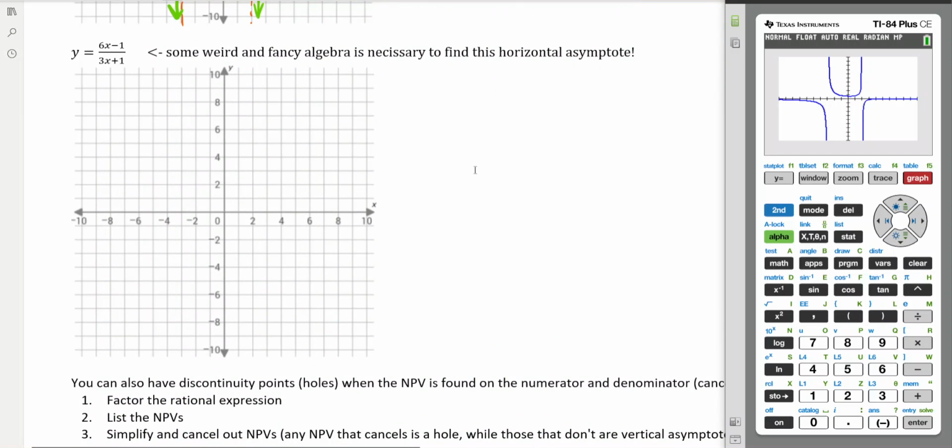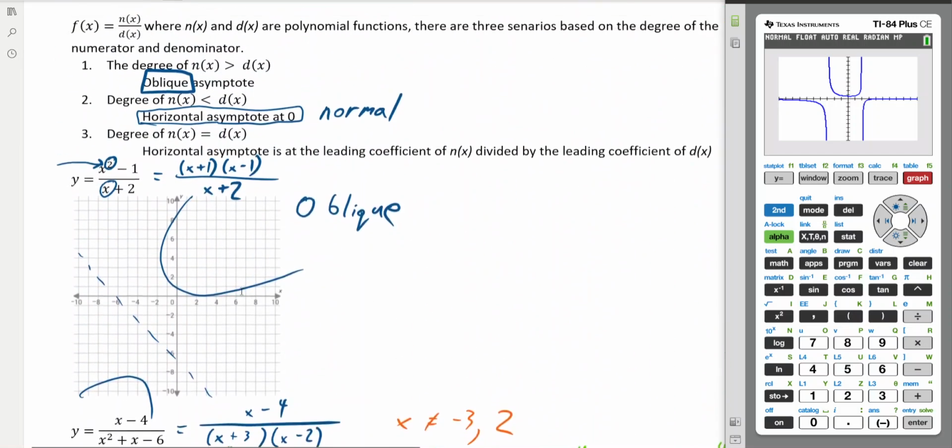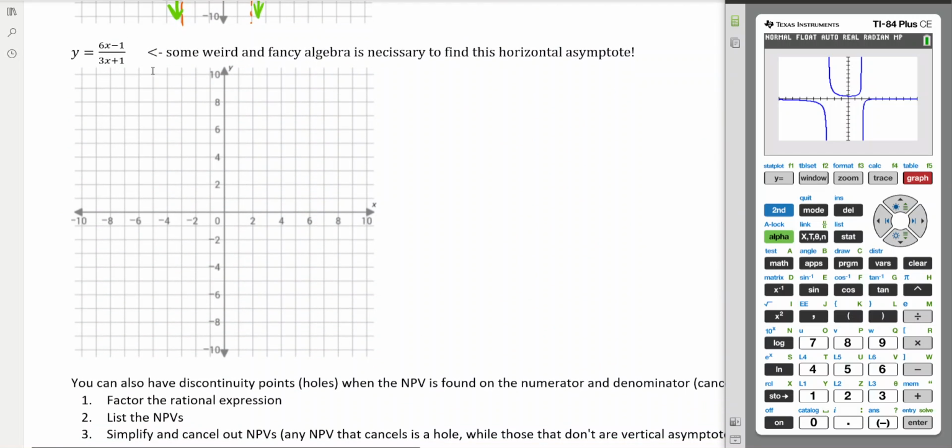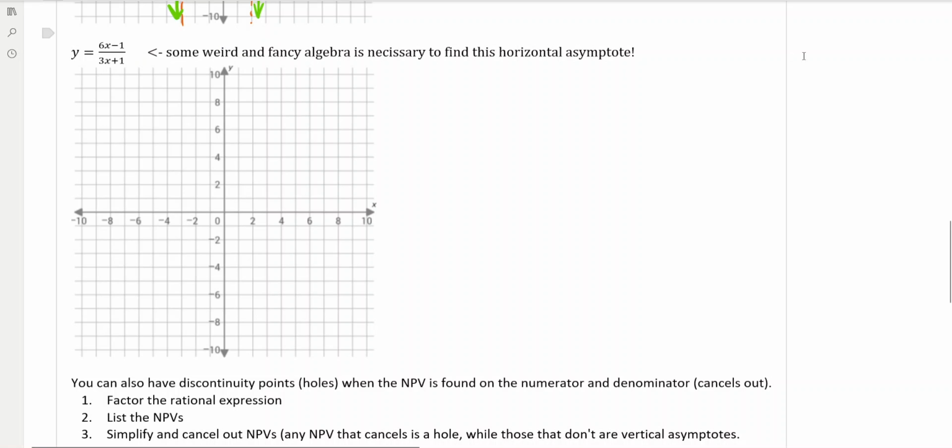Okay, this one is the weird one. So first we had a higher degree on the top, then we had a higher degree on the bottom. The weird one is when they have the same degree, top and bottom. Okay, so there's some weird algebra that needs to happen. It's pretty cool, but let me show you guys. Otherwise, you can just kind of memorize how this works.